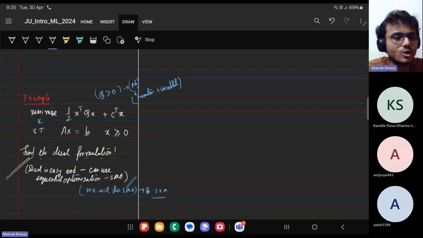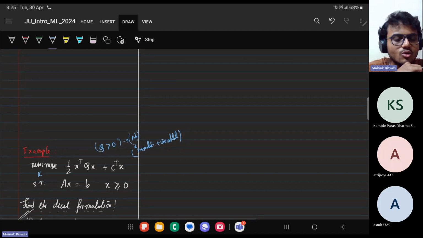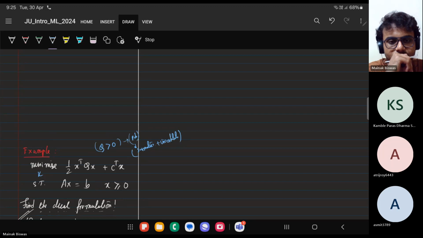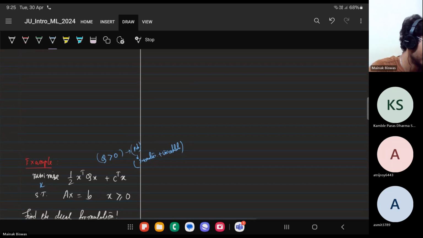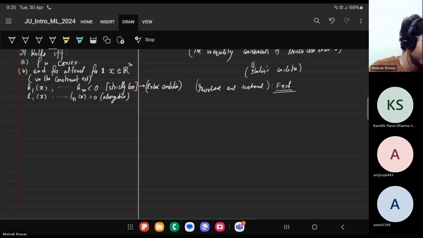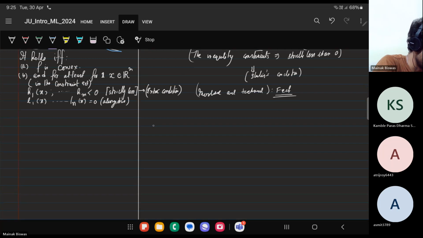So my question is how to form a dual. The only question I'm asking you is how to form a dual. Can you tell me? What are the constraints over here? And what is the equation? Half X transpose QX plus C transpose X. You have to minimize this such that AX is equal to B and X greater than 0.